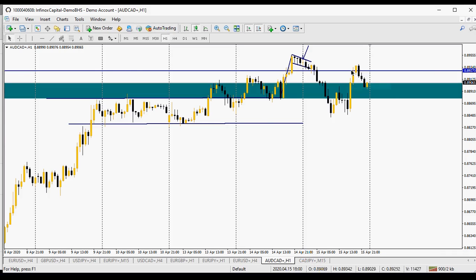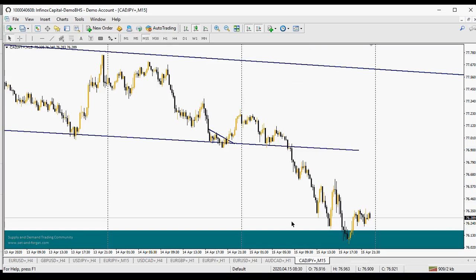You can see AUD/CAD has been bullish for the main period of it. It was trying to be strong, but because of oil, it has to go up again. Okay, that's AUD/CAD. But where CAD is the base currency, we have CAD/JPY.